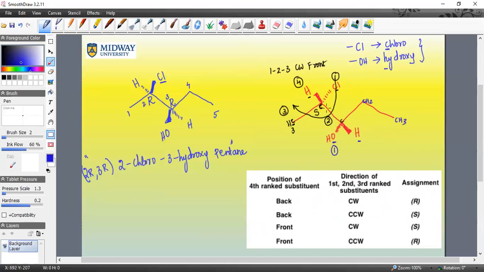This is attached to carbon, and this is attached to carbon, but this contains a Cl and this contains a hydrogen, so this is a little heavier. So 2, 3, and 4. How do we connect 1, 2, 3? That's still clockwise, and the lowest rank substituent is in the front, so that's again S.